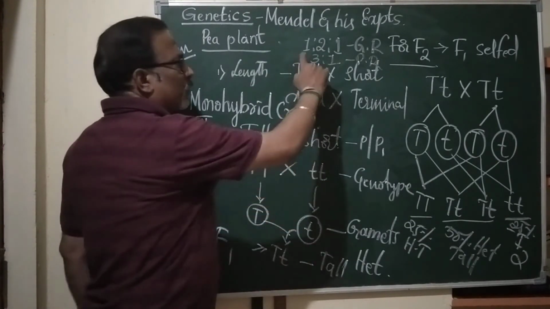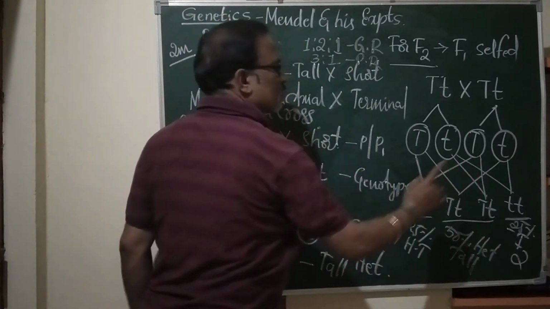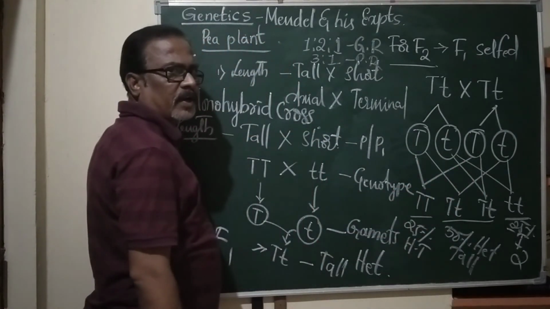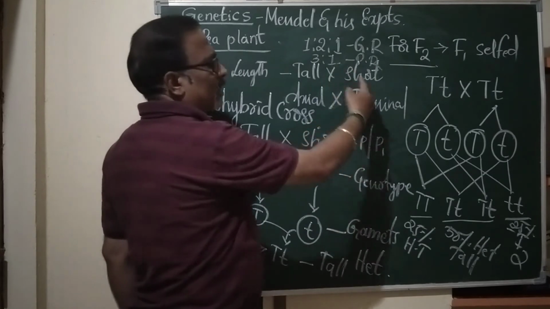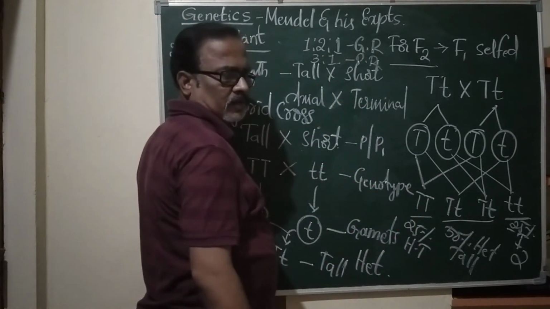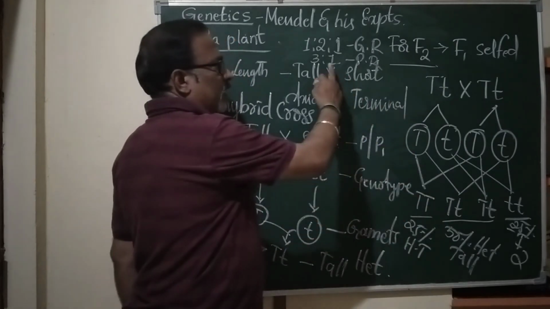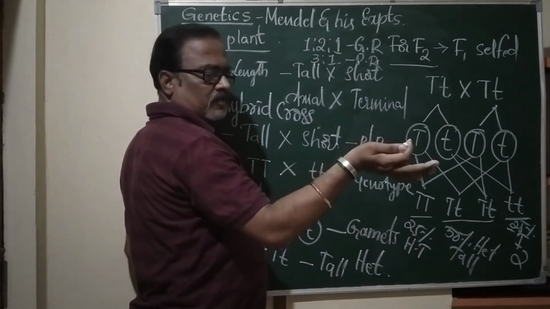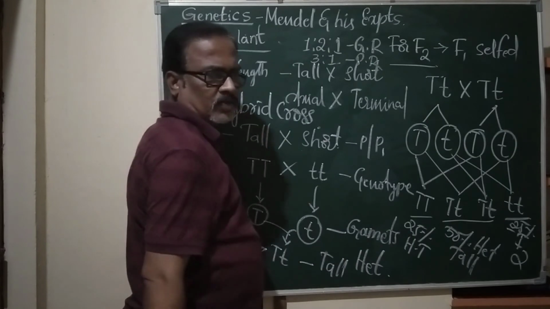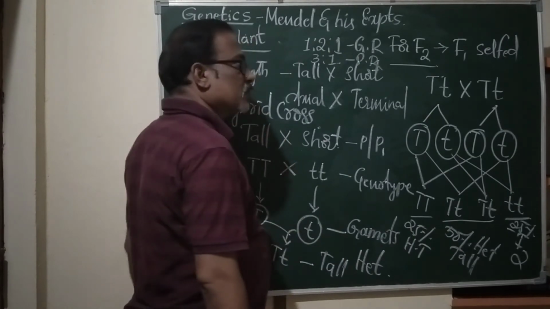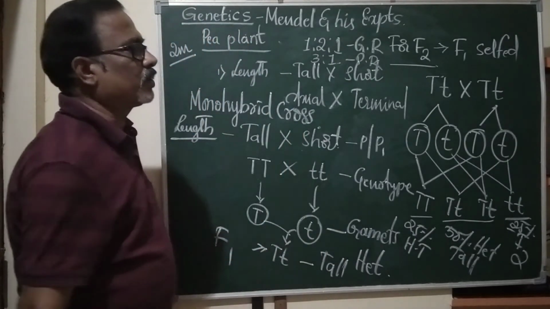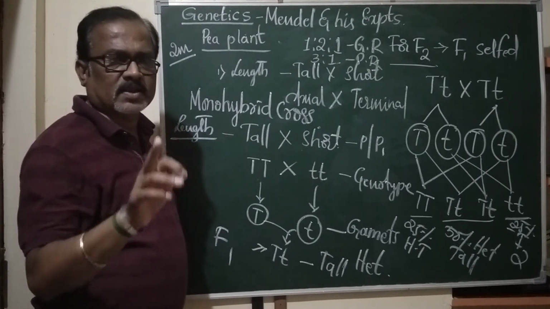Genotypically means which can be written by considering the genotypes of the individuals, and phenotypically it is just by observing. For example, in 100 plants, if 75% of the plants were tall and 25% of the plants were short, that is 3:1. I think you will understand with this monohybrid cross example.